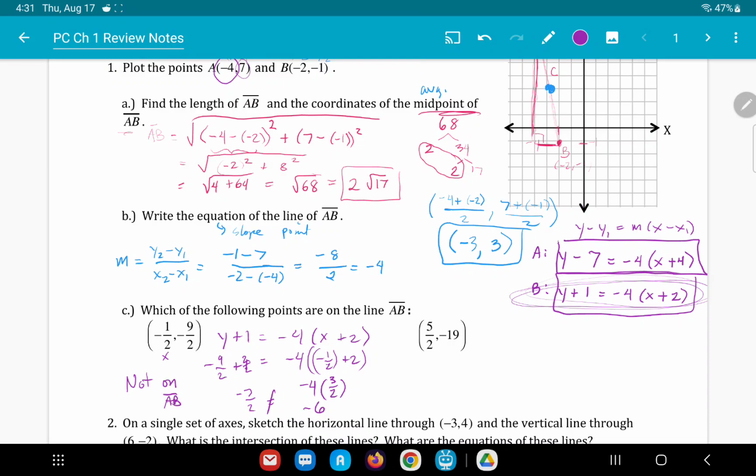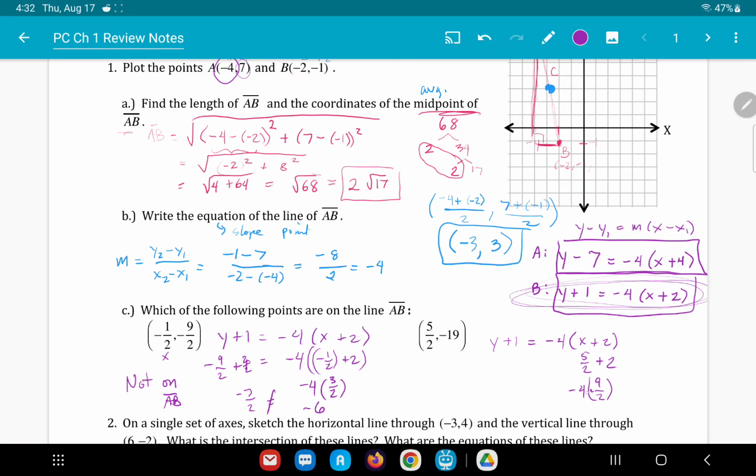Okay. Let's try the next one. So we can try the same equation, y plus 1 equals negative 4 times x plus 2. Again, we'll say that 5/2 is the x value. So if we add 2 to that, we'll get 9/2, and then multiply that by negative 4.